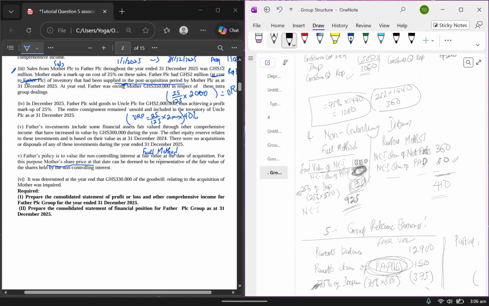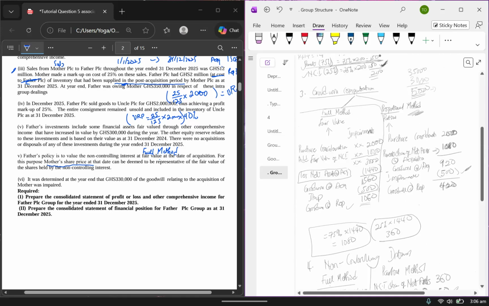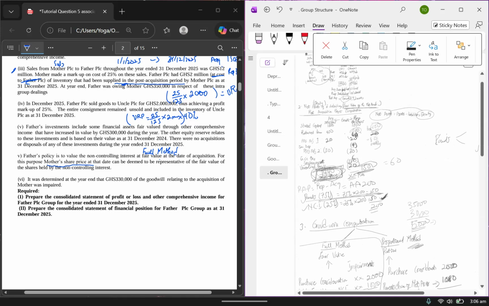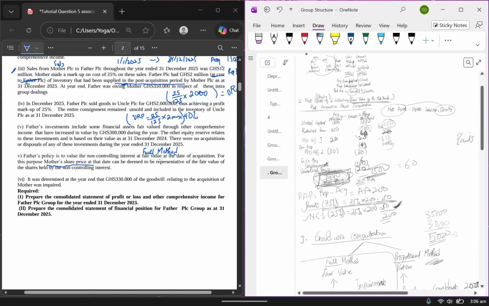And in this question, when I was doing the solution, I treated it in there, and the TA also treated it in there. Because when you are doing the profit attribution in the statement of profit or loss, for the portion of the NCI, if you don't treat the impairment here and you want to send the PAP in there, it means that you have to subtract the impairment from that PAP because you are using fair value.